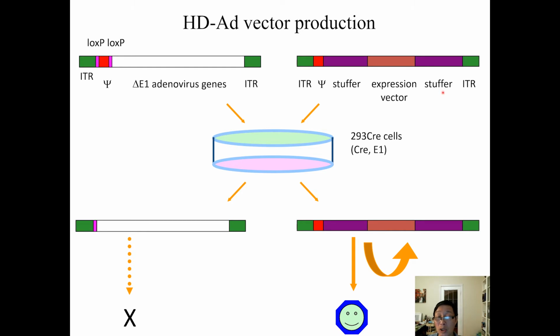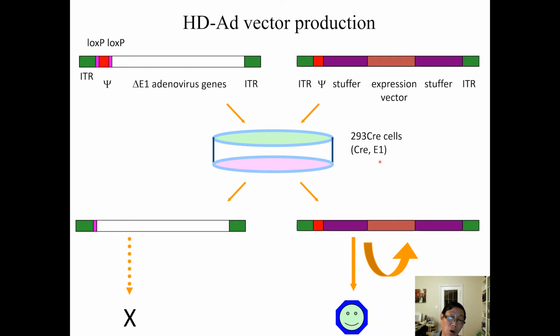When you produce this type of vector, you need to have a helper virus. In this case, this is just like the first generation adenoviral vector, and you have the packaging signal flanked by two LoxP sites. When you have these two types of DNA in the production cells, the cell expresses Cre and E1 regions.